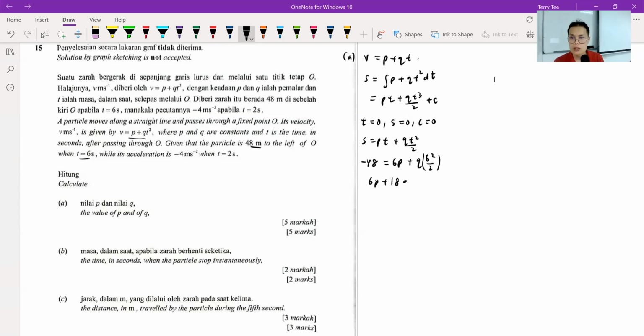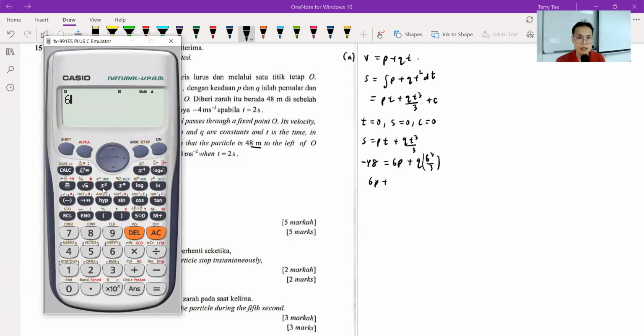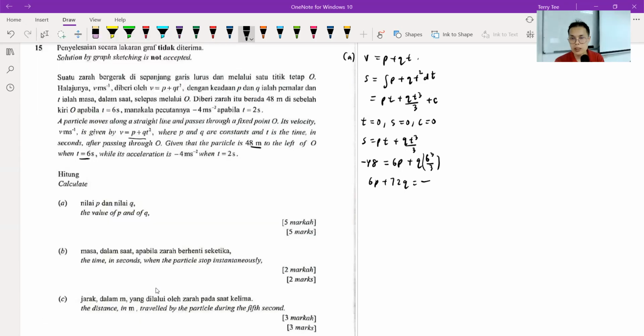So this is 6 power 3 over 3. 6 power 3 is 216, divide by 3 is 72. So this is 72q equals negative 48. I think we can divide by 6 to make the numbers smaller. 72 divided by 6 is 12, 48 divided by 6 is negative 8. This is your first equation.